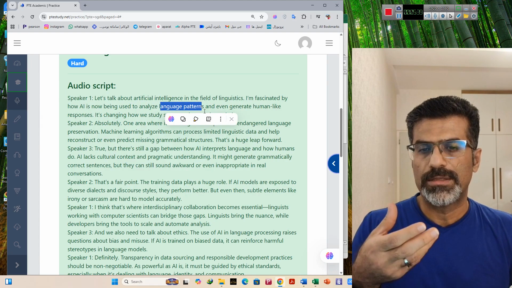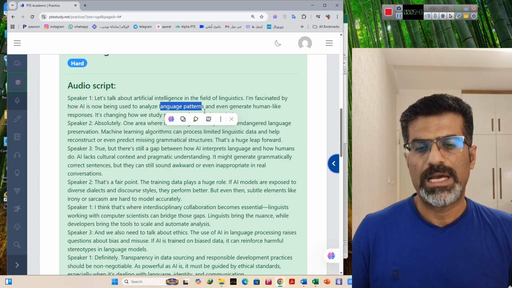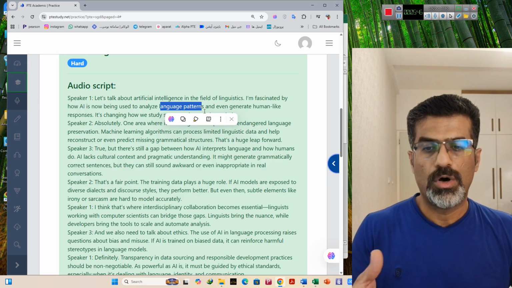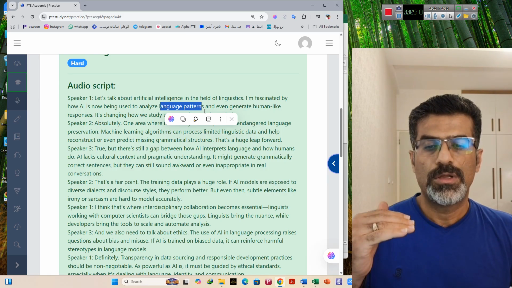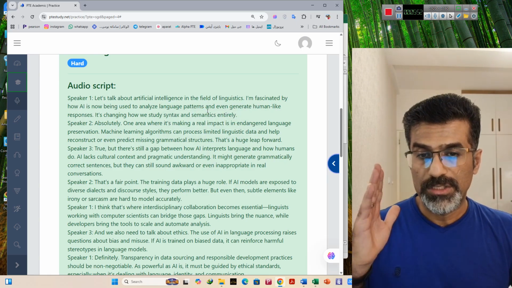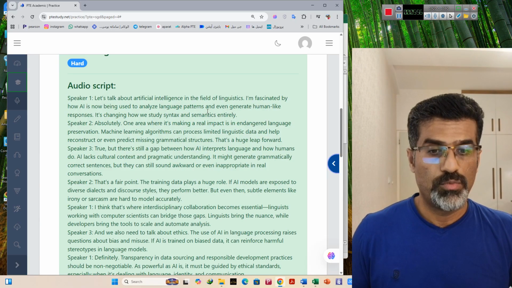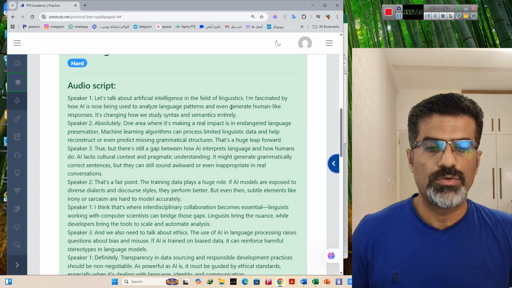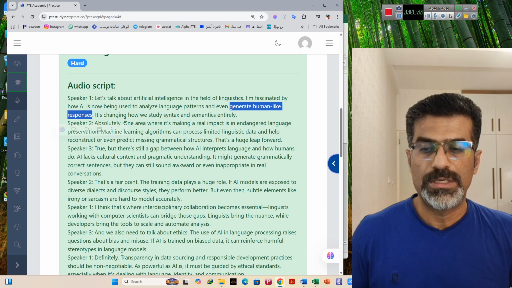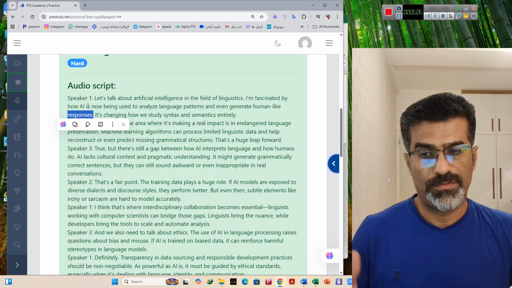All the words and collocations that I'm highlighting now, these are the related words and terms to the topic that you need to pay attention to in order to write them down on your erasable booklet. Or, for example, generating human-like responses, or only human-like responses, or at least the word responses, for the first speaker.